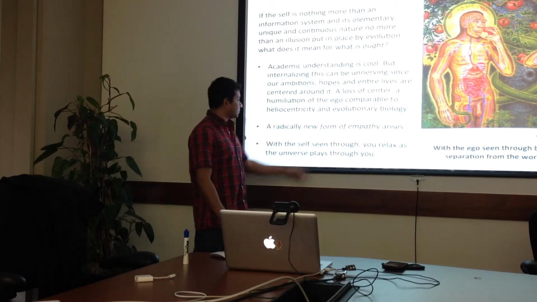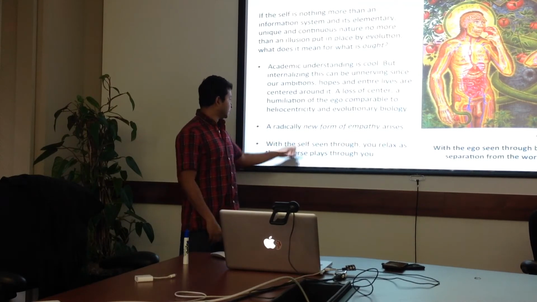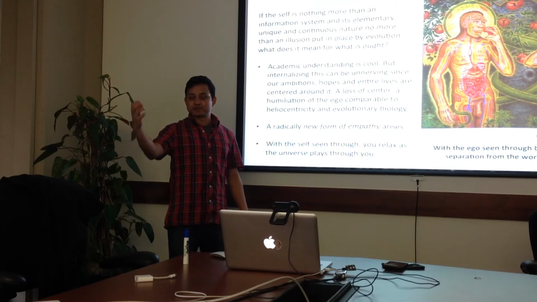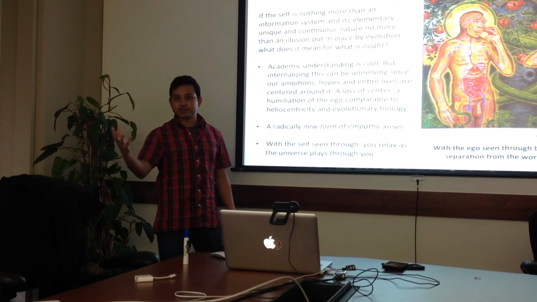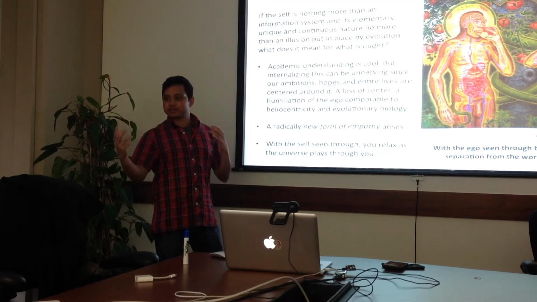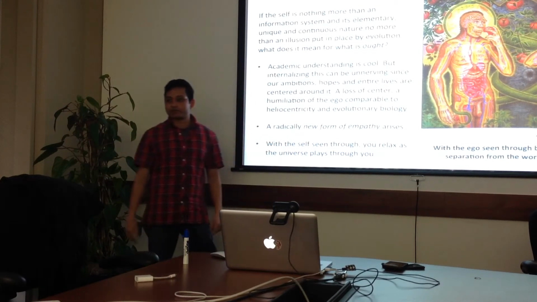And for me, it has recalibrated the way I look at the world and see people. For example, I can say that Alexei's experience of the self is fundamentally of the same nature as my experience of the self. He has different memories, a different trajectory in life, but the self-experience is the same experience going on there. So I think this gives rise to a radically different form of empathy.